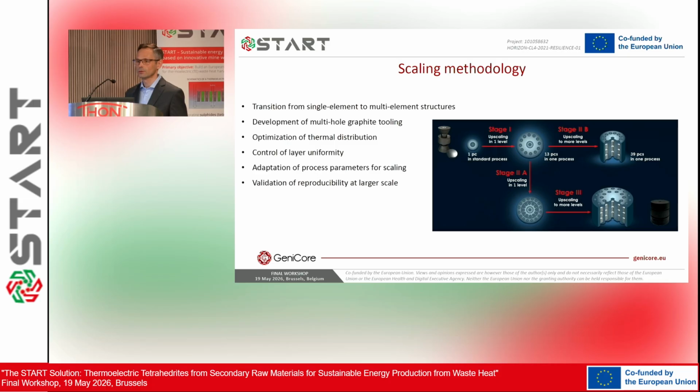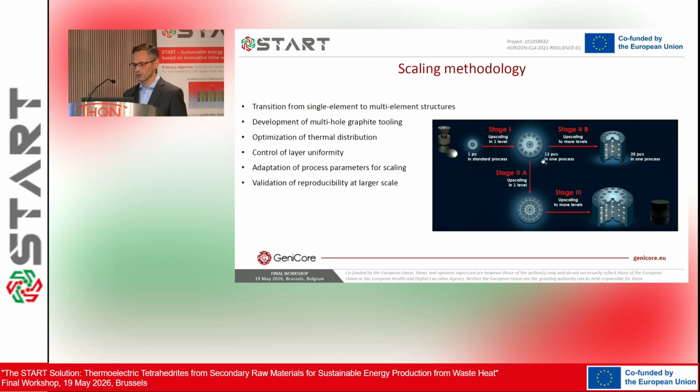The technology is scalable, not only through the machine design, but also through the graphite die design. Here we see the idea of how it can proceed. At the moment when the technology of sintering a one-hole system is developed, we can go to stage 1, when we design a multi-hole graphite die.